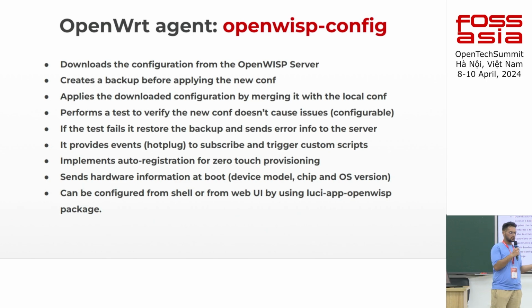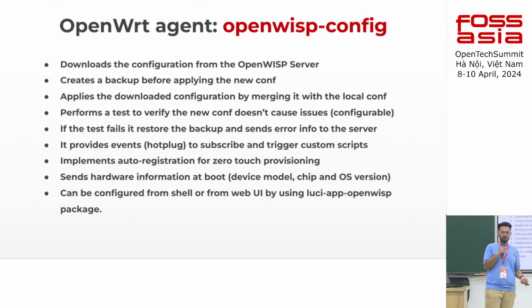And then it also collects some basic data from the device. As we saw on the charts, there was information about the firmware, the model, and the system SoC. So this OpenWISP config agent sends that information to OpenWISP.